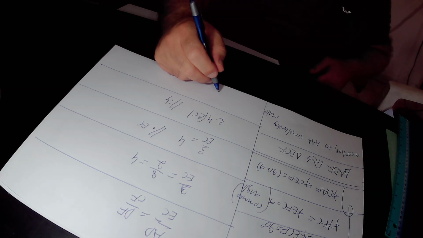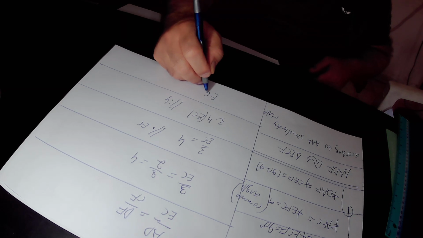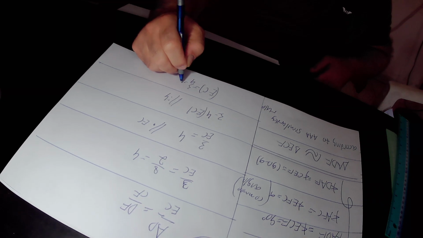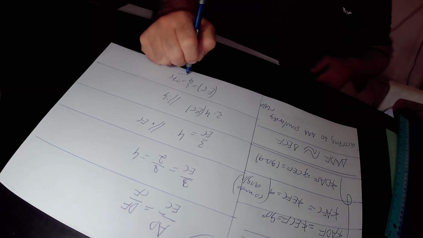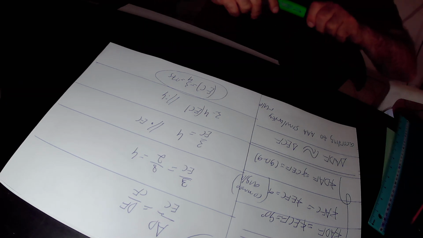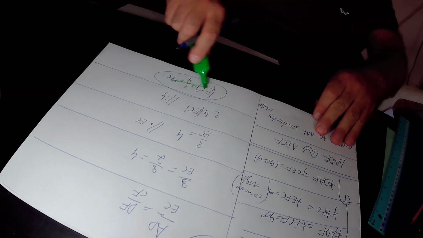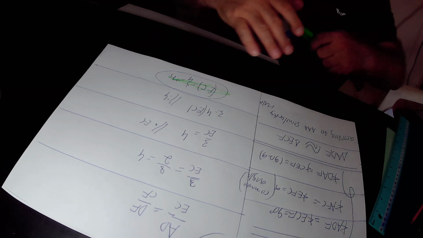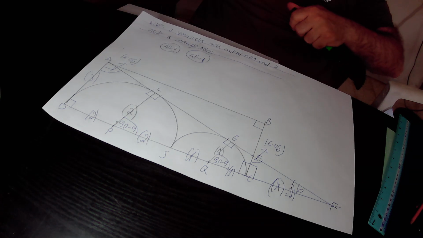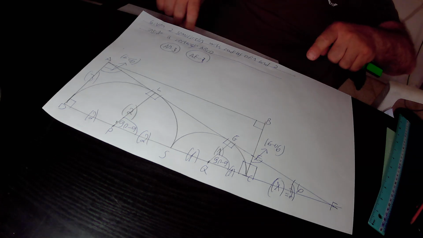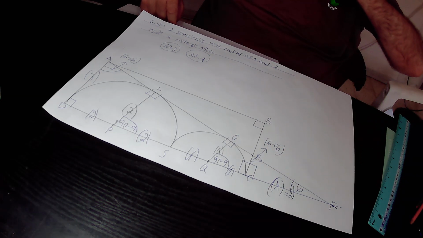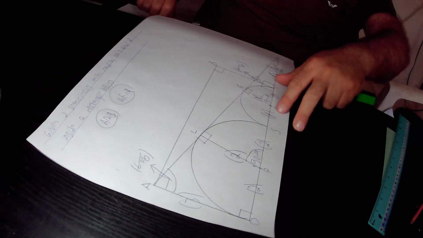And finally, we get that the missing side EC equals 3/4 or 0.75 units.